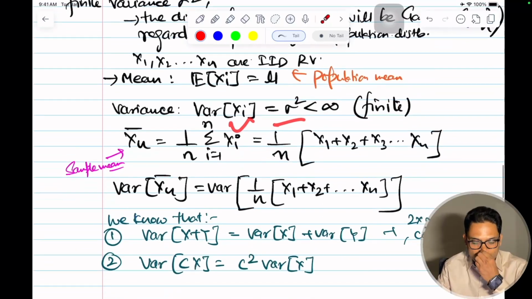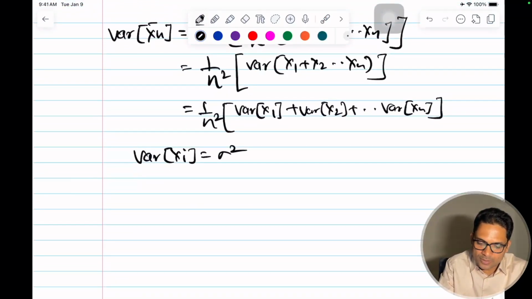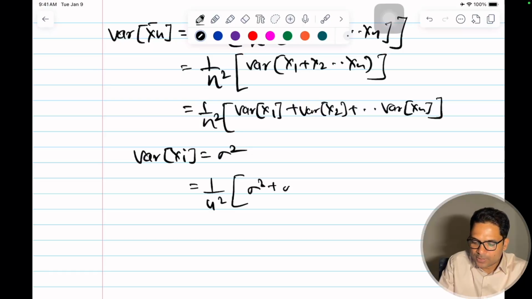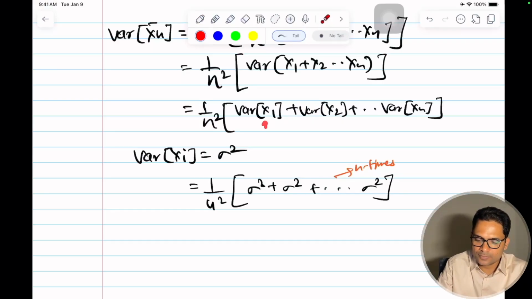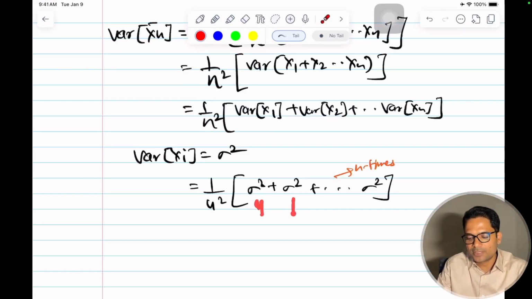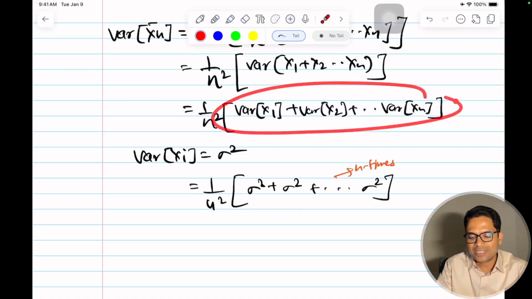So for each of the terms, we'll have sigma square plus so on till sigma square. This will be n times, for each of the term, n times for each of them. The variance is sigma square, same, because that is coming from the same sample.